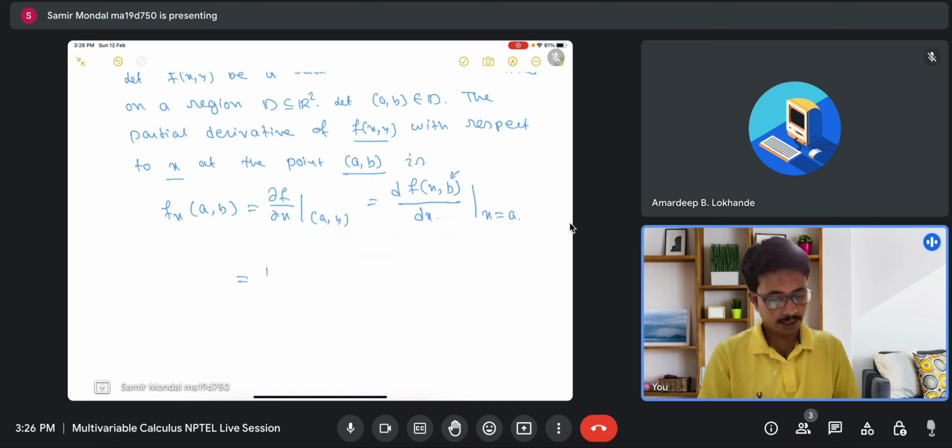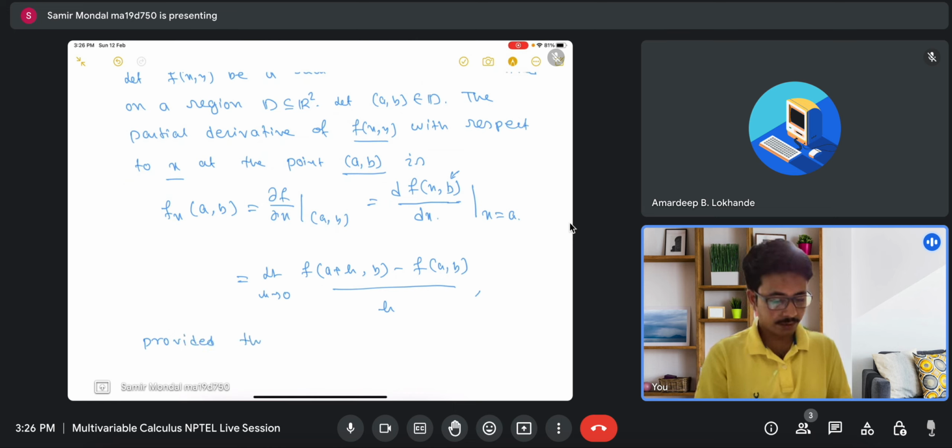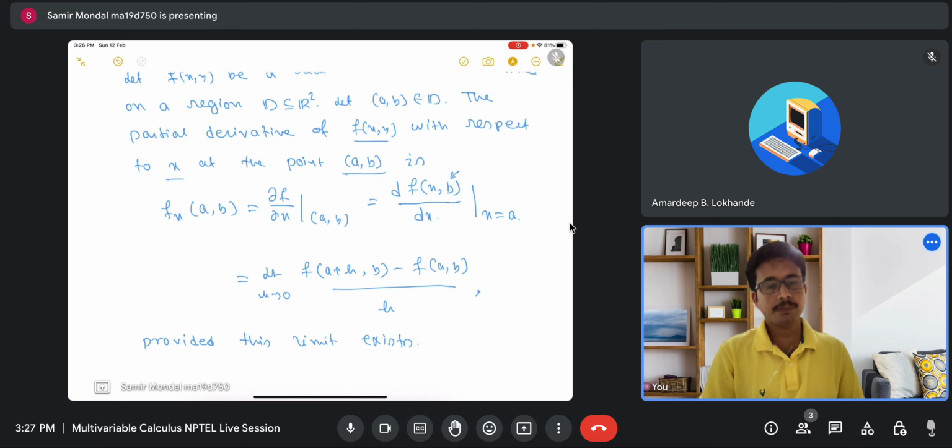This is nothing but the limit as h tends to 0 of f of a plus h comma b minus f of a, b divided by h, provided this limit exists. Okay, this is our definition of the partial derivative at the point (a, b).